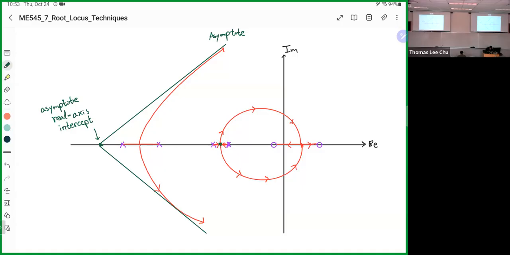This point here is called the breakaway point. It's where the poles depart the real axis. And this here is called the break-in point, and it's where the poles return to the real axis.